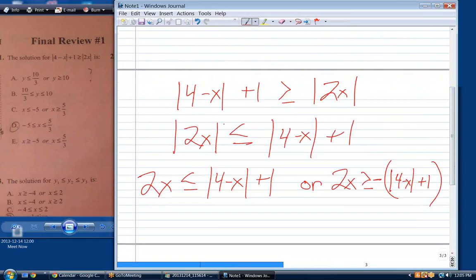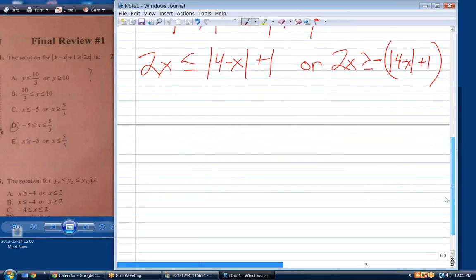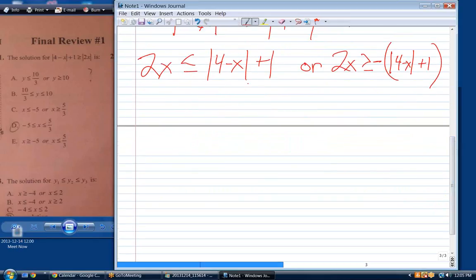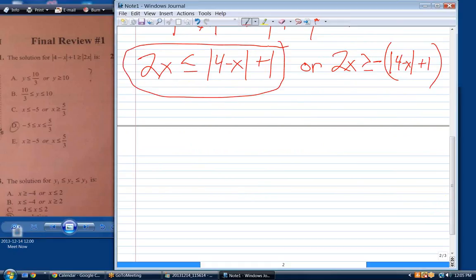Normally when you have an absolute value in an inequality, you get two answers. But when you have two absolute values, like we do here in an inequality, you have to solve each one separately. Well, this alone is going to give us two answers, and this alone is going to give us two answers.